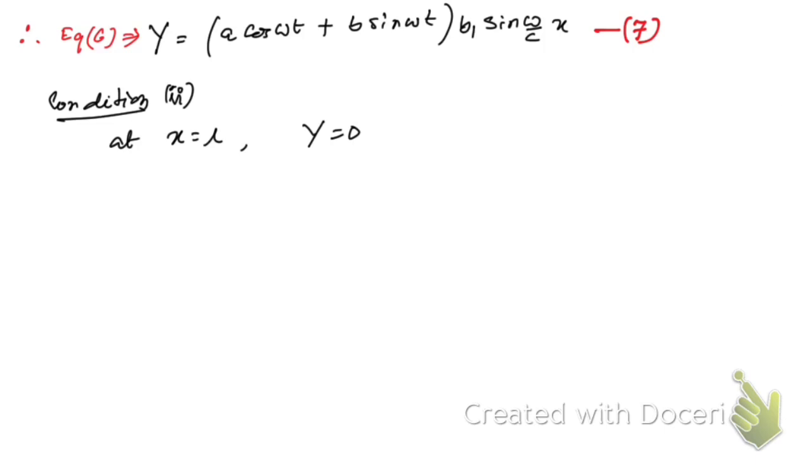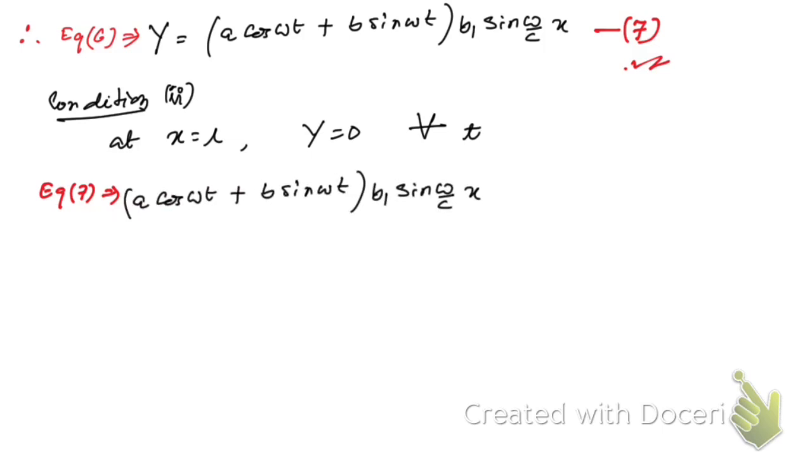So hope you have understood this. So for all values of t, if that is the case, then this equation number 7 implies, let me copy this part, okay, and let me write here.